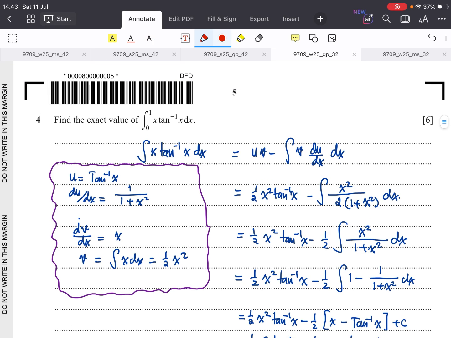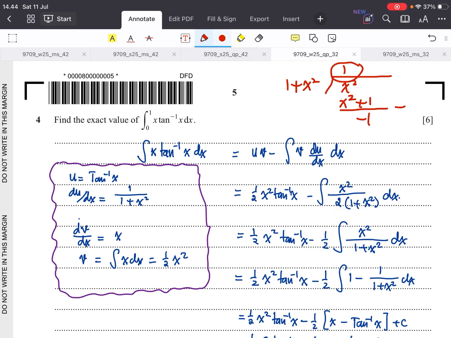So I'll show you the long division. We divide x squared by 1 plus x squared. So in order to eliminate the x squared, we multiply this by 1. So this one is x squared plus 1, minus this one is minus 1.